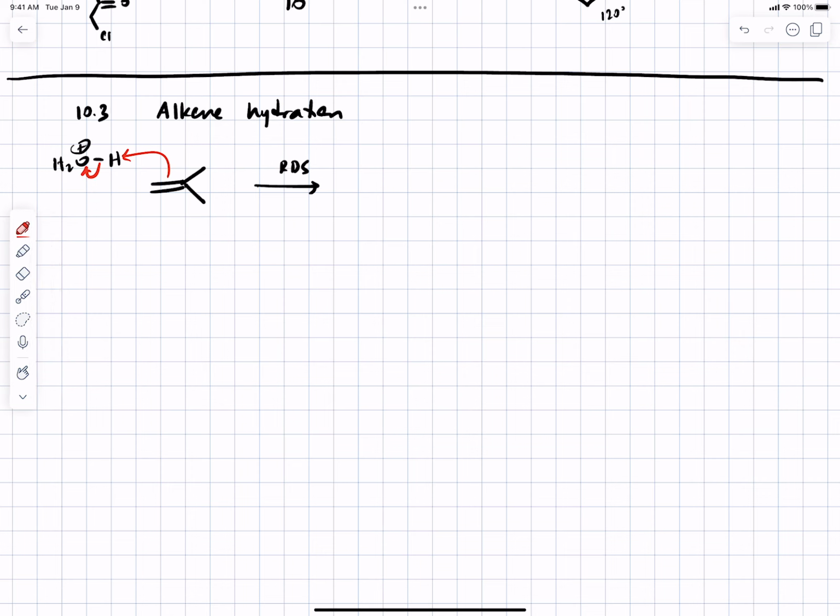Then tell me what the intermediate is. Tertiary carbon. Tertiary carbocation with the new bond with the proton there. That's called Markovnikov regioselectivity. You get the positive charge on the more substituted carbon where it's more stable, right?